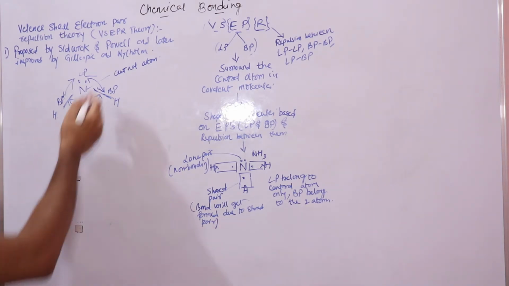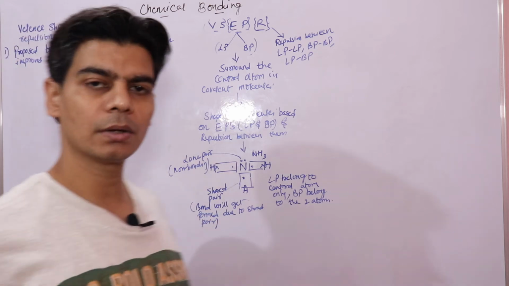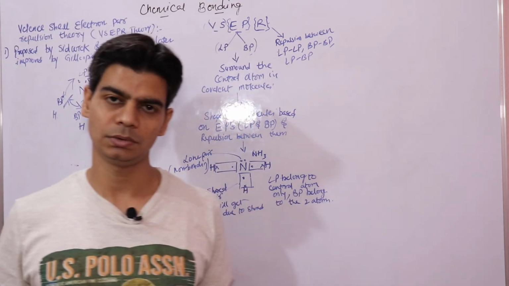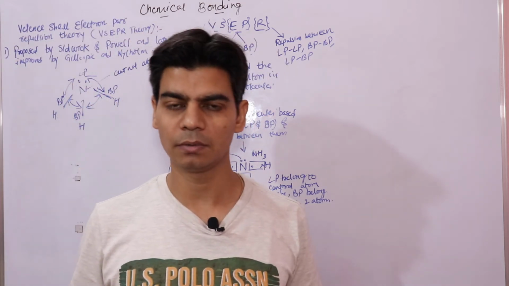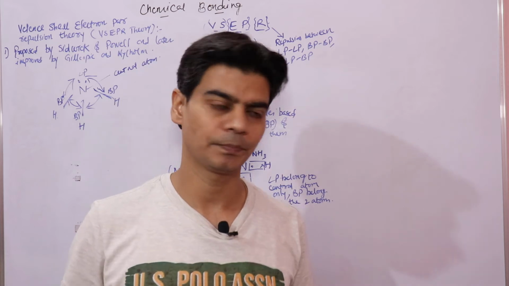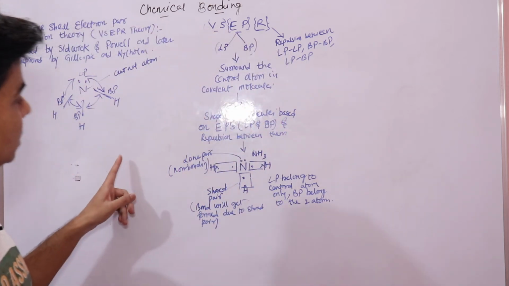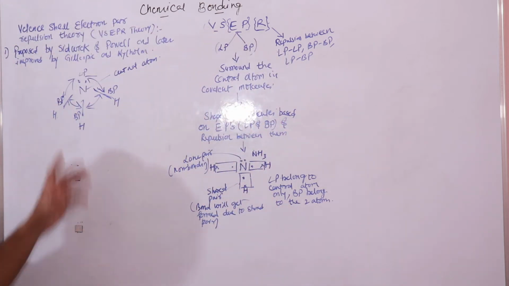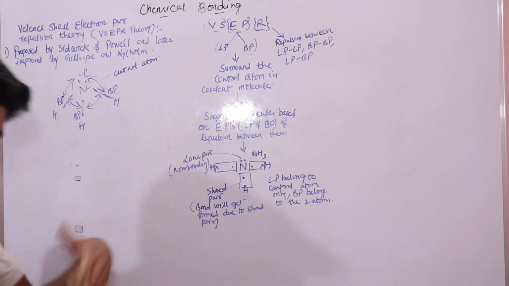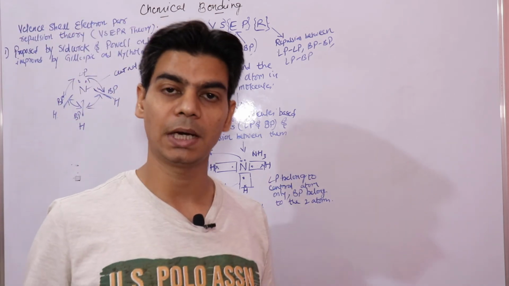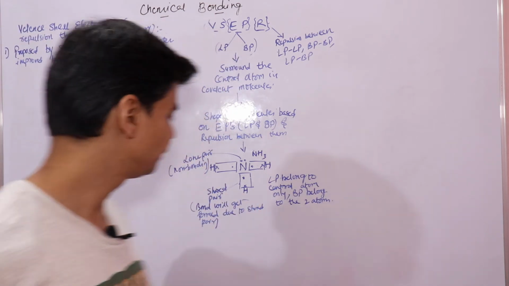So now we are clear about the lone pair of electrons, the bond pair of electrons, and the repulsion between the lone pair and bond pair of electrons. And it is this repulsion between lone pair and bond pairs and the number of lone pairs and bond pairs that will decide the shape of the molecules, right?